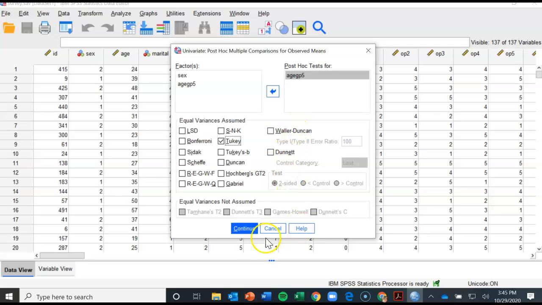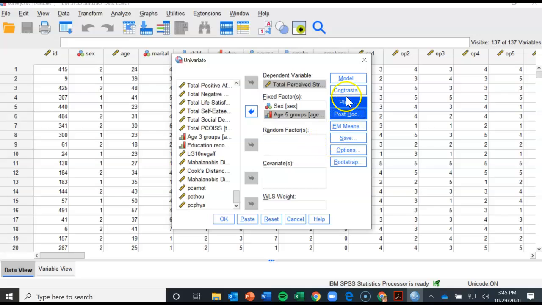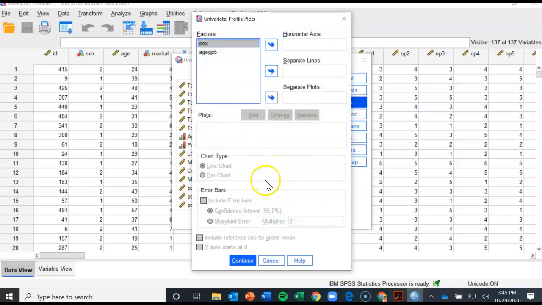Then we click Continue. Then we select Plots. Here's another busy dialog box. In the horizontal axis box, you want to put the IV that has the most groups. So that would be age in 5 groups. And then in the box that says separate lines, you want to put sex.